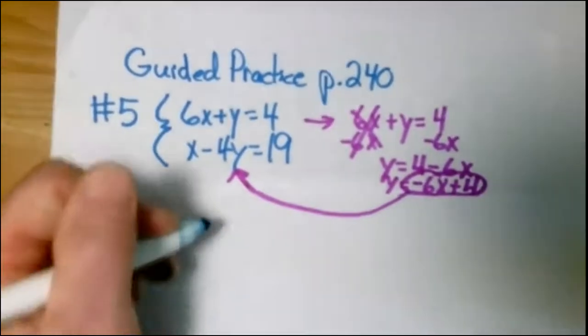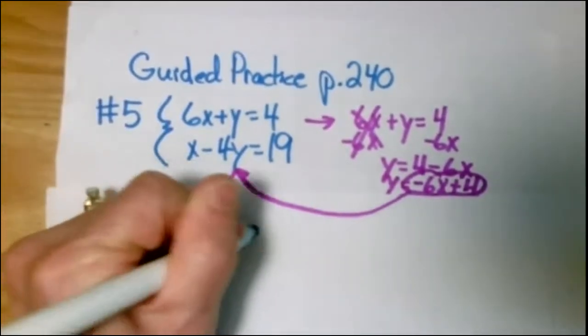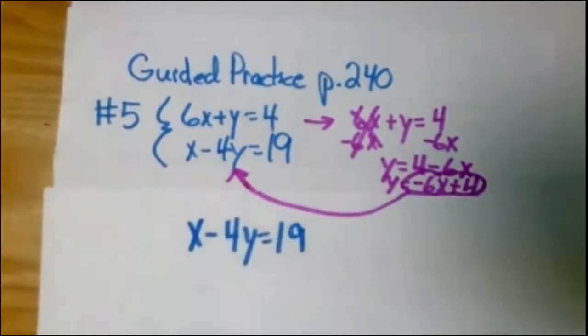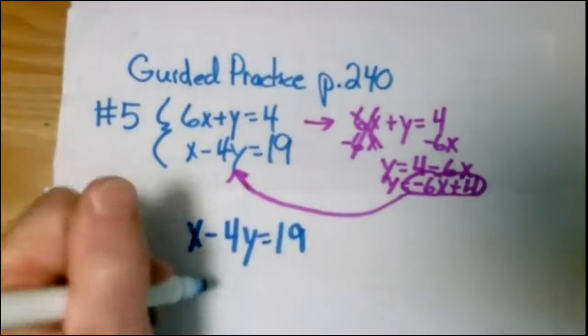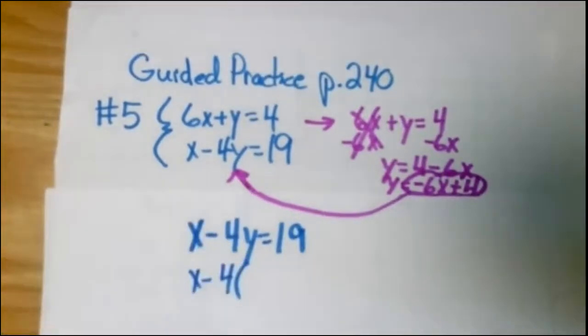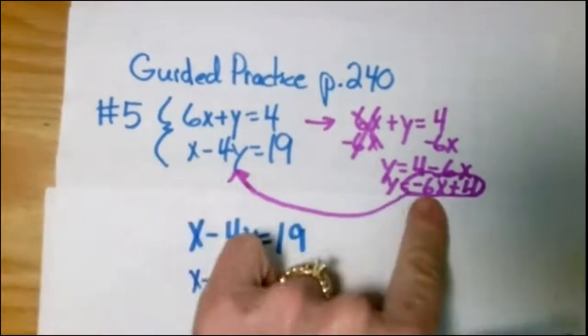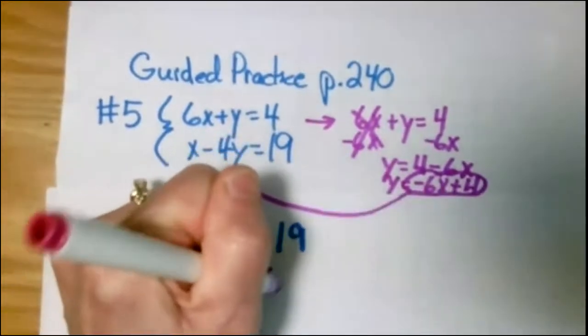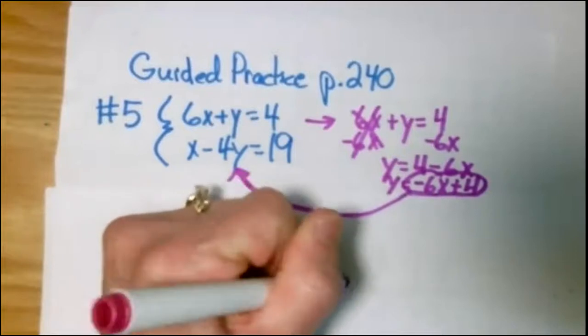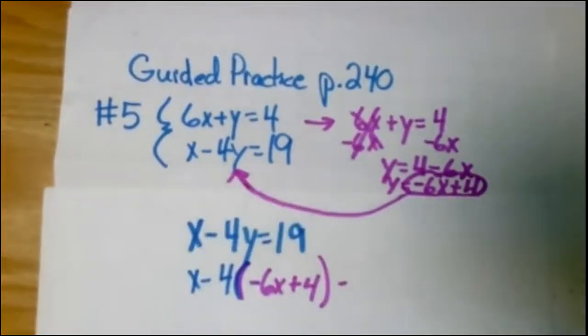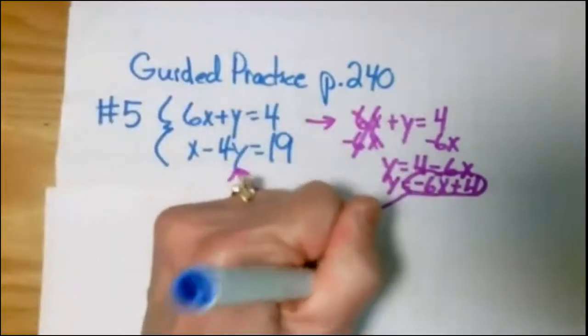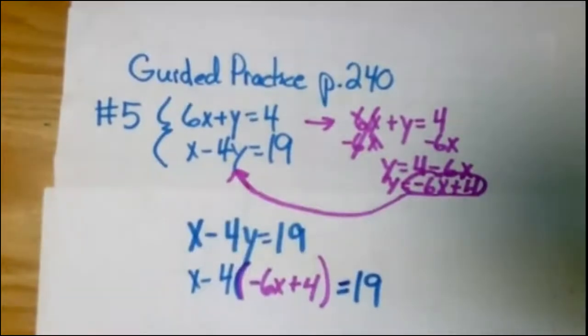So we have x minus 4y equals 19. We are going to plug it in. So we're going to end up with x minus 4 times the expression -6x plus 4 equals 19. We must use the distributive property first.